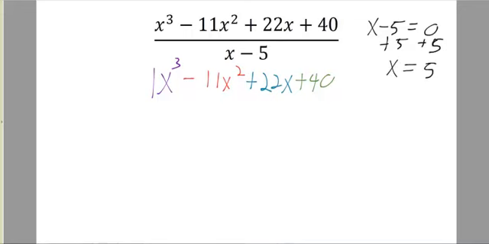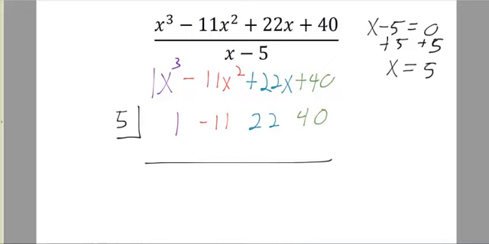So we would take the 0, put it in the top, and then we're going to take each coefficient, which I've color coded to help really bring out what we're doing. And so we get 1, negative 11, 22, and positive 40. And then what we're going to do is synthetically divide by 5.